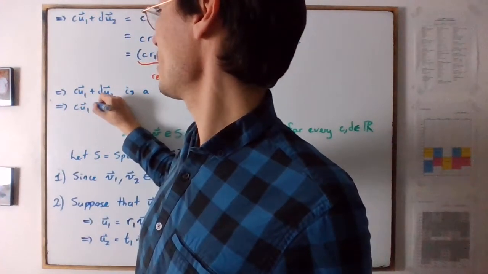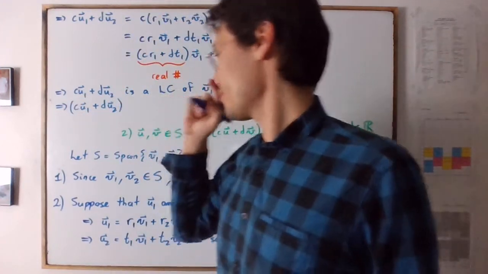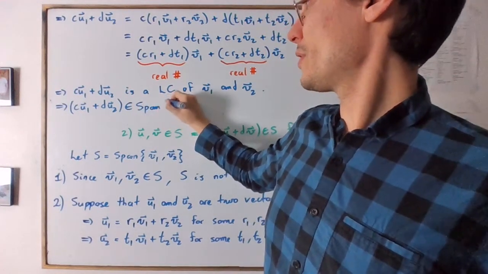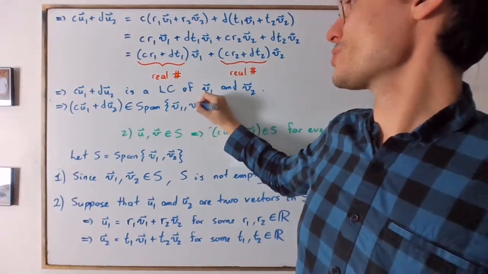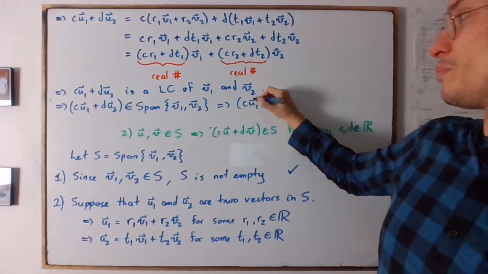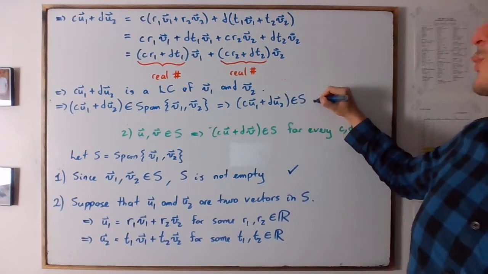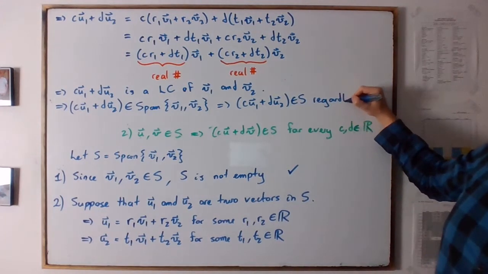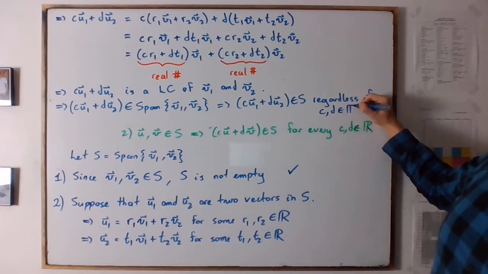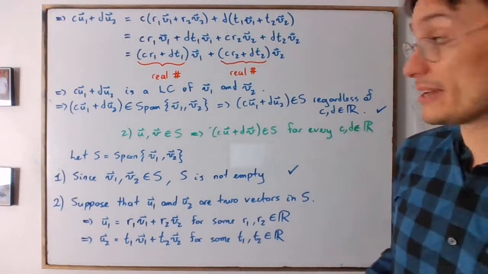So CU1 plus DU2, sorry about the verbal mistake, is in the span of V1, V2. In other words, what we proved is that CU1 plus DU2 is in S regardless of C and D in R, which means that number 2 is proven. And this completes the proof.